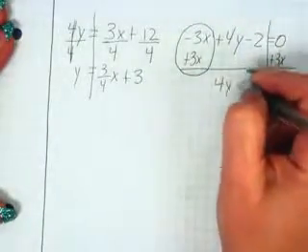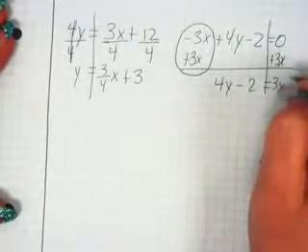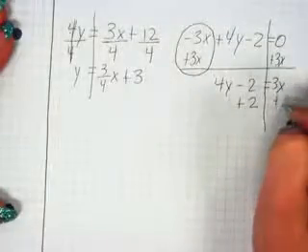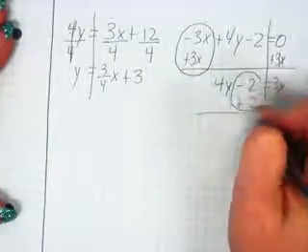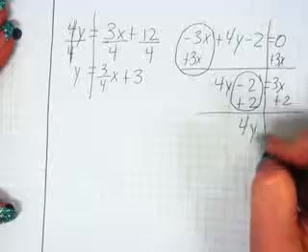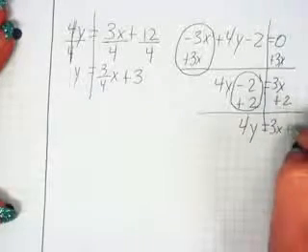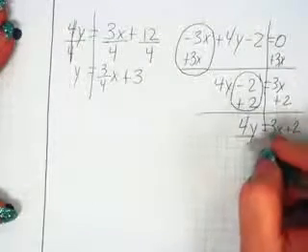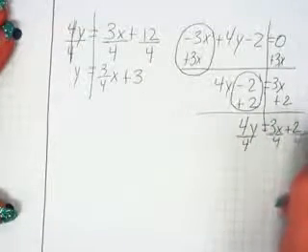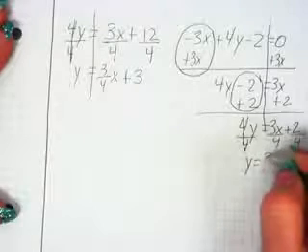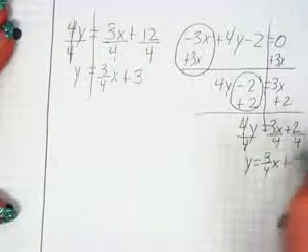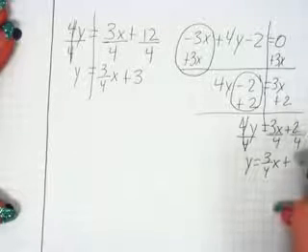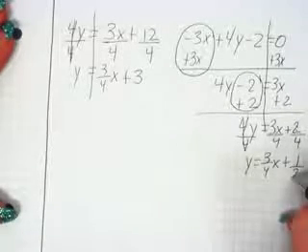And we have 4y minus 2 equals 3x. We get rid of that 2. Add 2 to both sides. That gave us the 0 we wanted. And we have 4y equals 3x plus 2. The last step, we need to get rid of the 4. Divide by 4. On this side, we get y equals 3/4 x plus 1/2, because I can divide by 2. 2 divided by 2 is 1. 4 divided by 2 is 2.